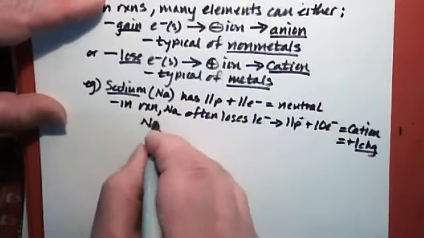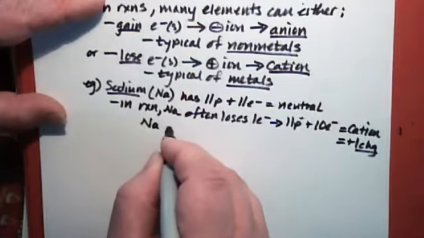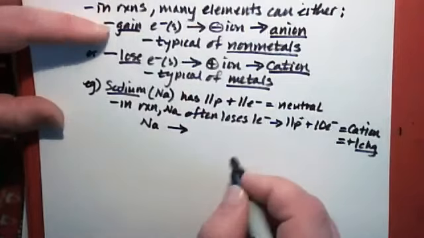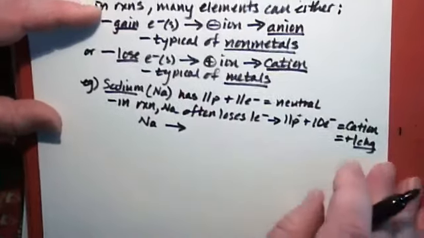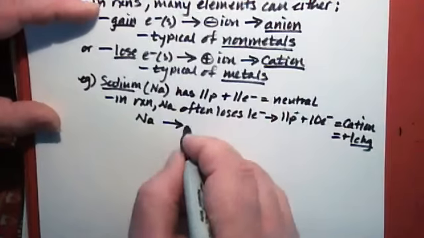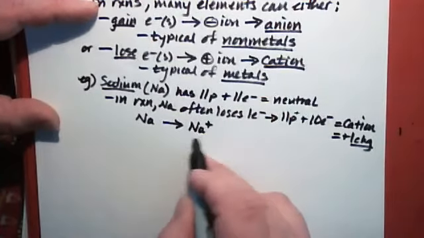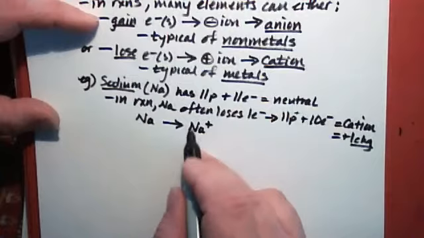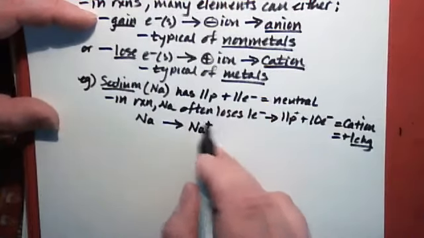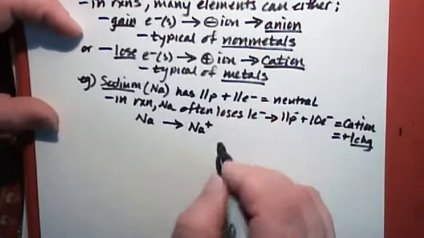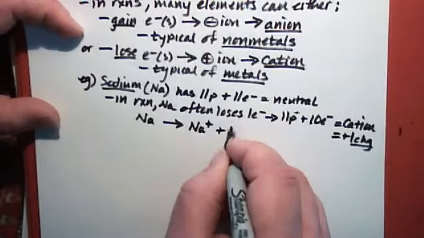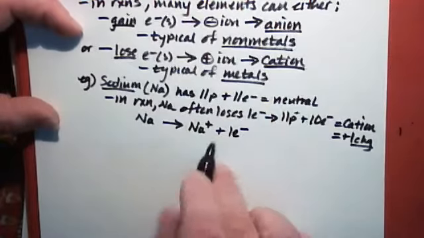You can write this reaction or this process as Na, which represents just an atom of neutrally charged sodium, going to Na+, which is how you write the formula for an ion with a plus one charge. It's just the symbol for the element with a plus as a superscript after it, plus one electron.